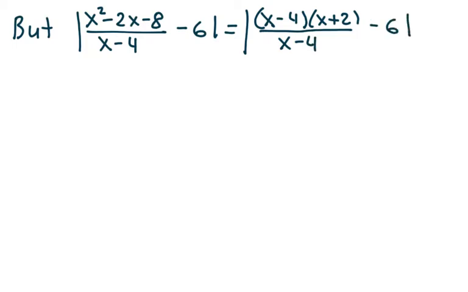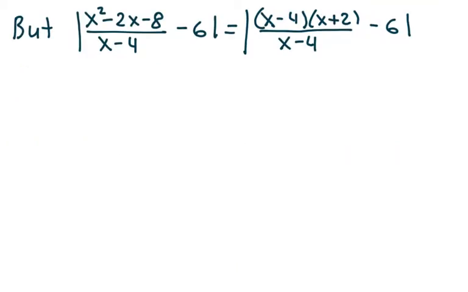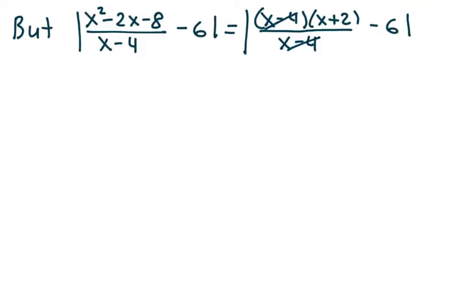So remember, what I'm trying to do is rewrite this expression in terms of x minus 4 in absolute value, because that's what I know about, right? And I want you to notice how the x minus 4's cancel. Why? Because I don't have to worry about x equaling 4. This condition guarantees that x can't be 4. And so this is the absolute value of x plus 2 minus 6, which is equal to x minus 4.